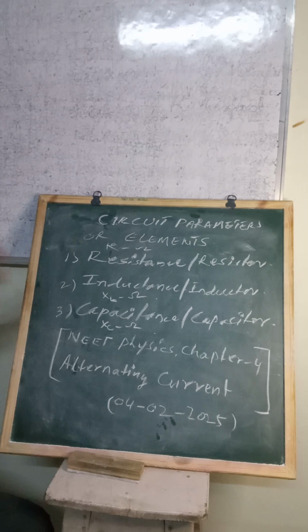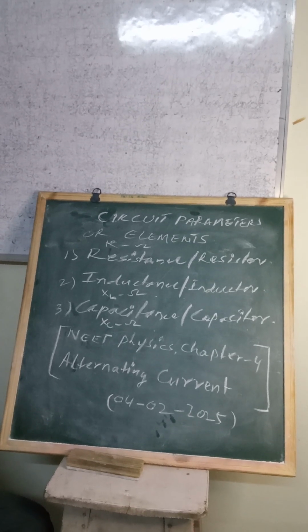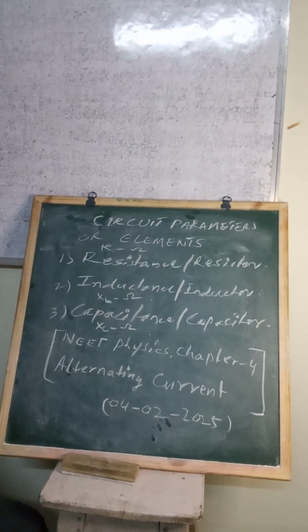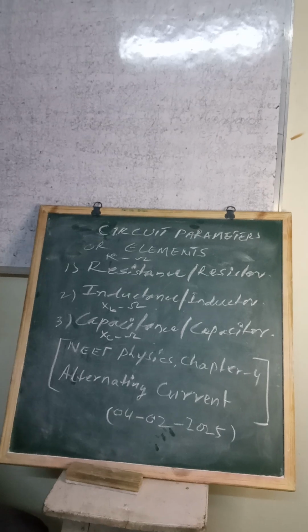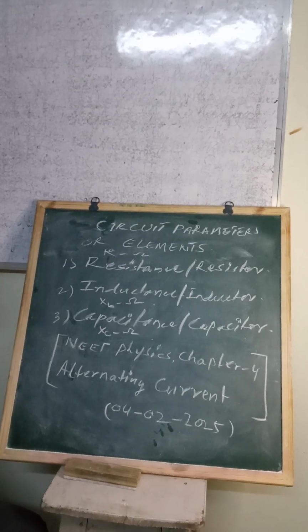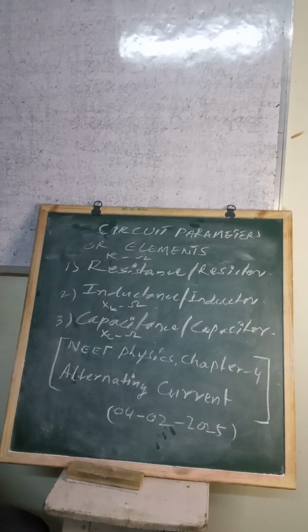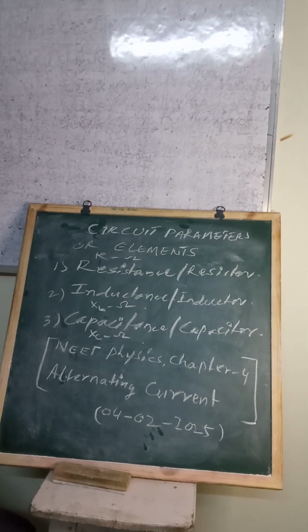So this is the general discussion that I have given you. But individually we will discuss one by one what happens if the resistor is connected across the AC supply. Similarly, the inductance or inductor, and the capacitance or capacitor, if they are individually connected across the AC supply.